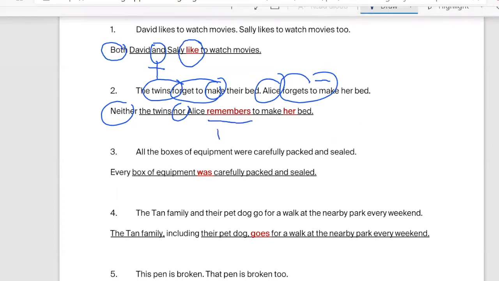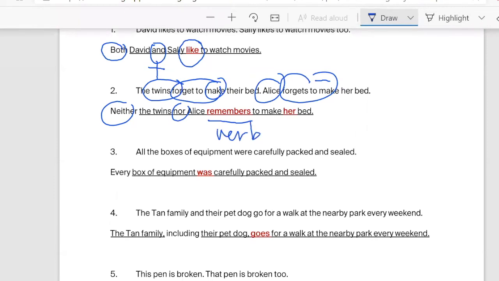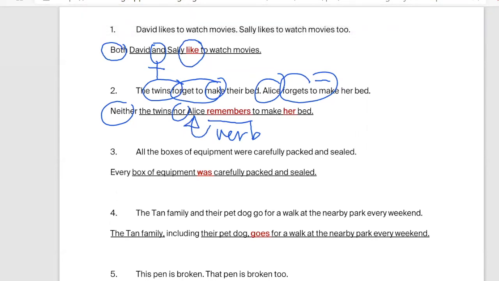The verb. So you look to the rule of proximity. Alice becomes your subject. Therefore, your answer is neither the twins nor Alice remembers to make her bed. Don't forget, Alice is the subject here. She's a subject. So it's not their bed anymore, but her bed, because we're talking about Alice.